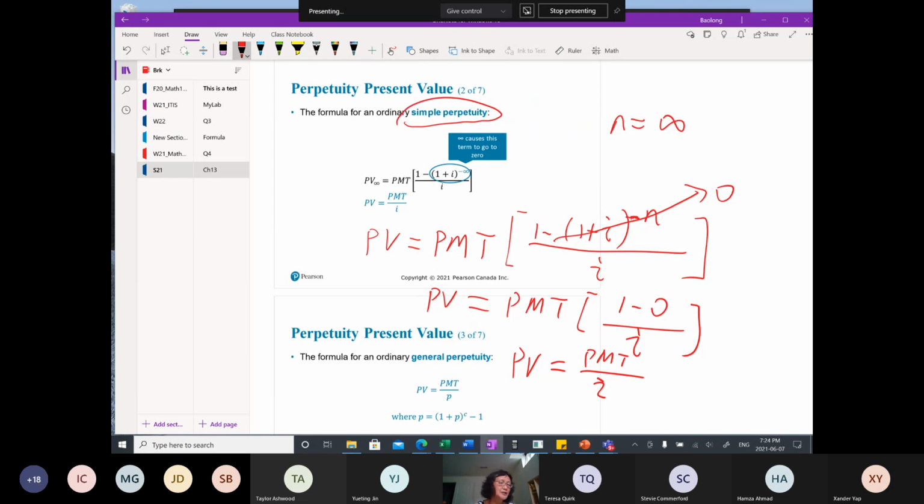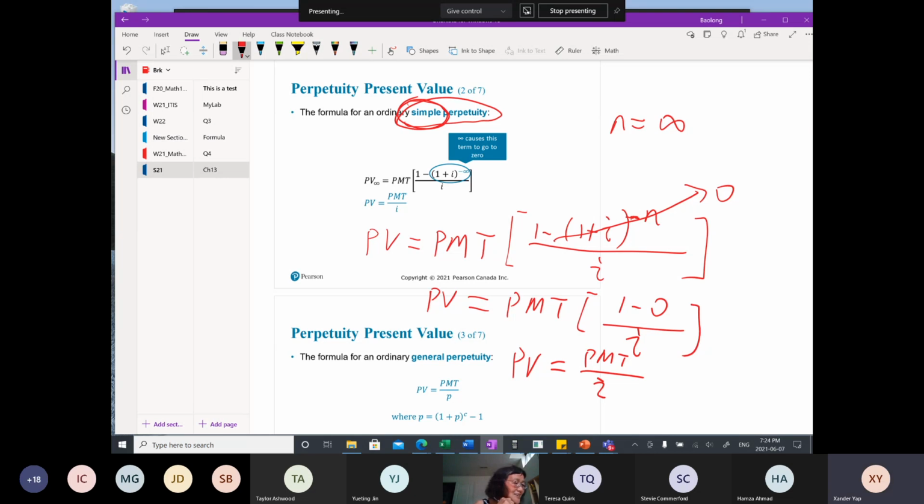Okay, simple perpetuity. Again, a question for everyone. Okay, guys, wake up. In-class quiz. What does the keyword simple mean? Type in your answer in the chat area or directly speak up.